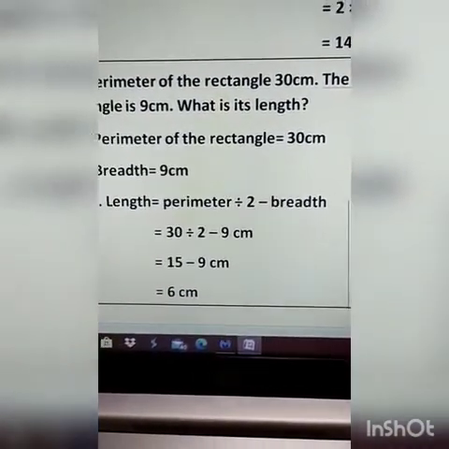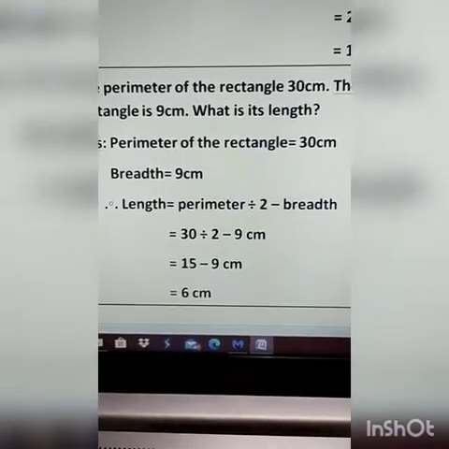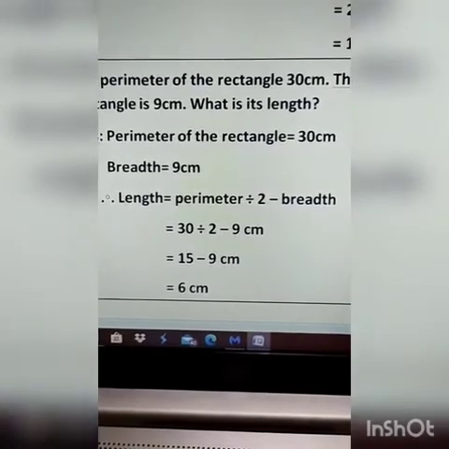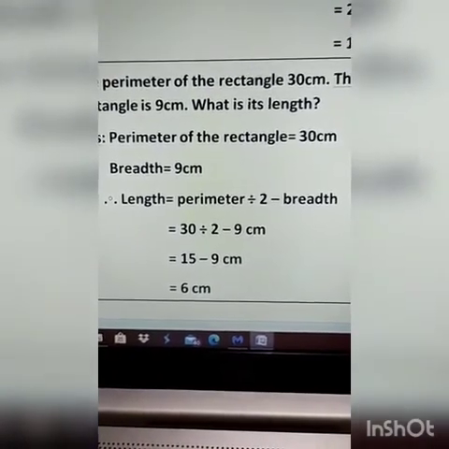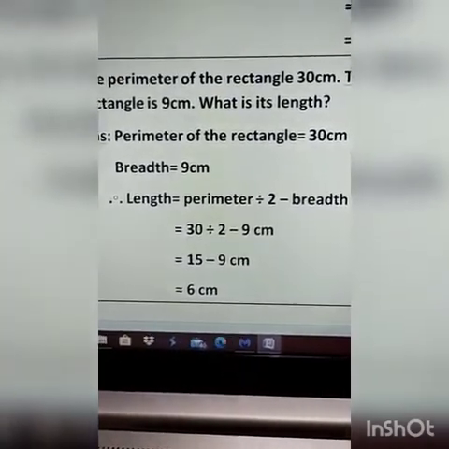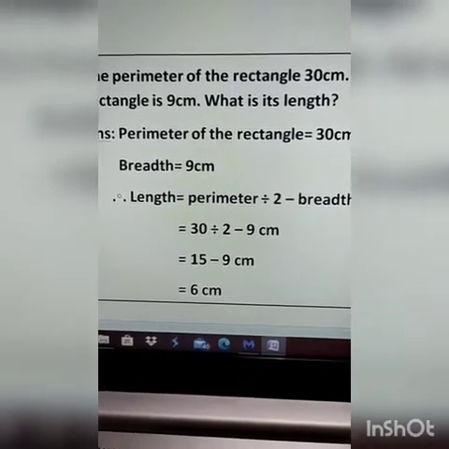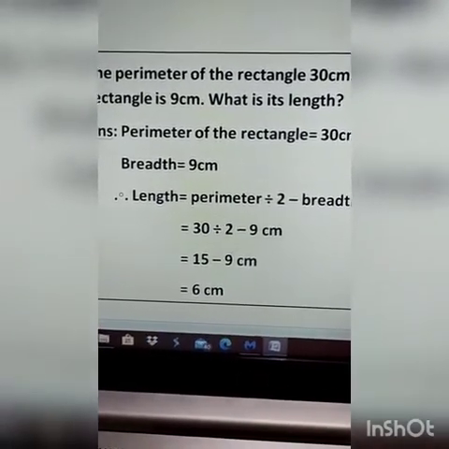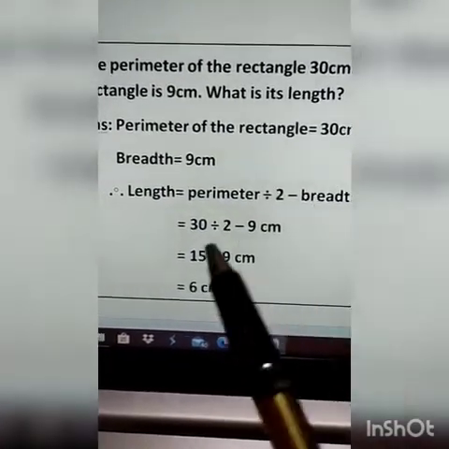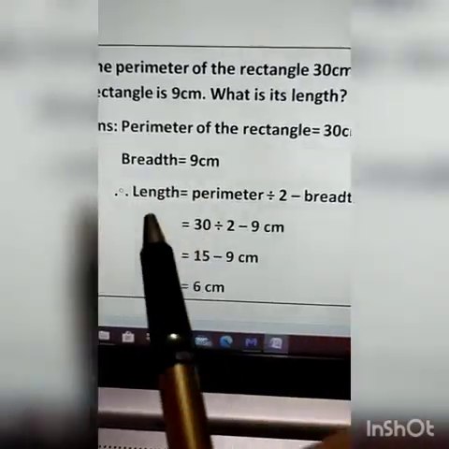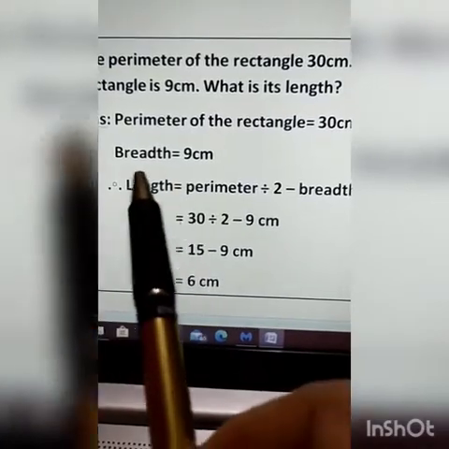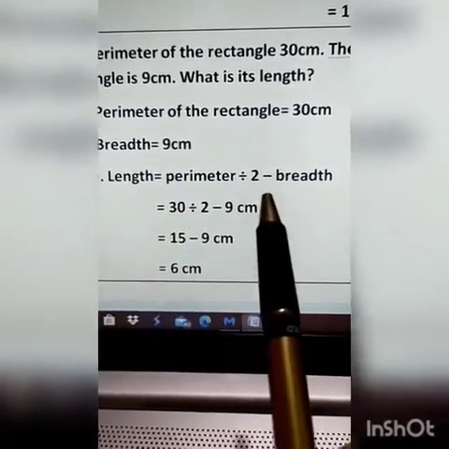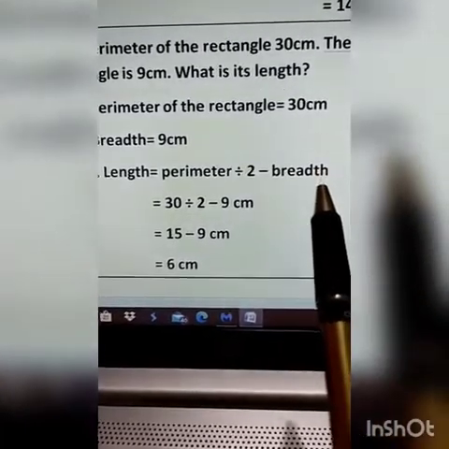Just few minutes before I explained, if perimeter and breadth is given, you need to find out the length. In that case, our formula will be different. What formula? Perimeter is 30 centimeter and breadth is 9 centimeter. So length, formula of the length here is equal to perimeter divided by 2 minus breadth.